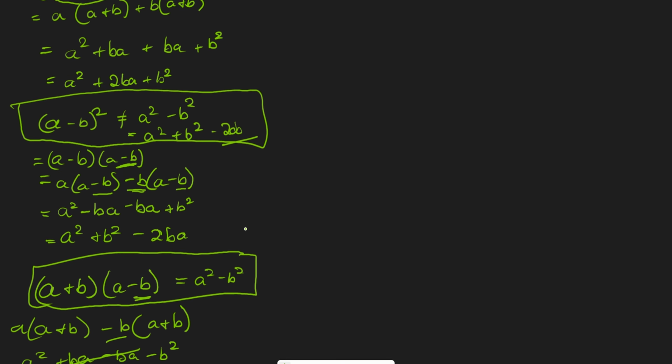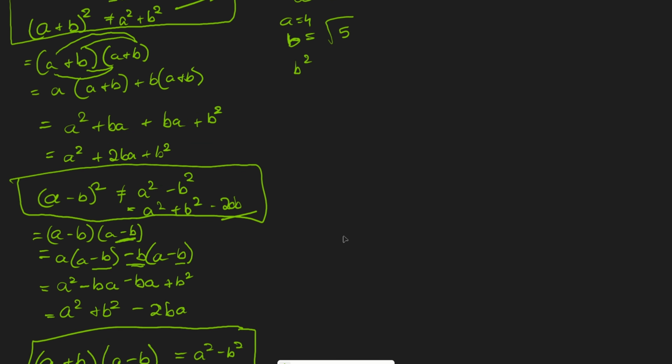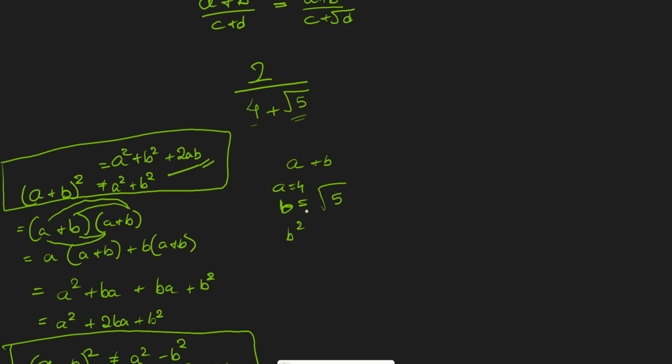It's all b squared, b to the power of 2. So we're going to use 4 minus root 5 in this case. So you're going to do 2 times 4 minus root 5. Now mind you, you're going to have to put this in brackets, and likewise with the denominator, 4 plus root 5 whole times 4 minus root 5.